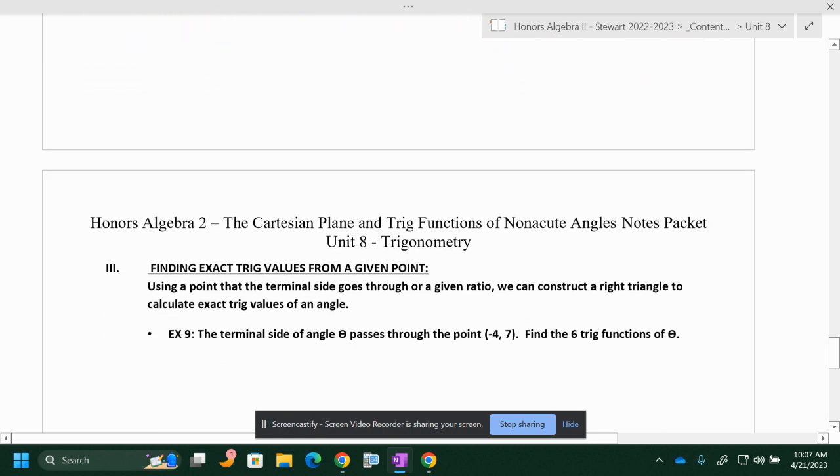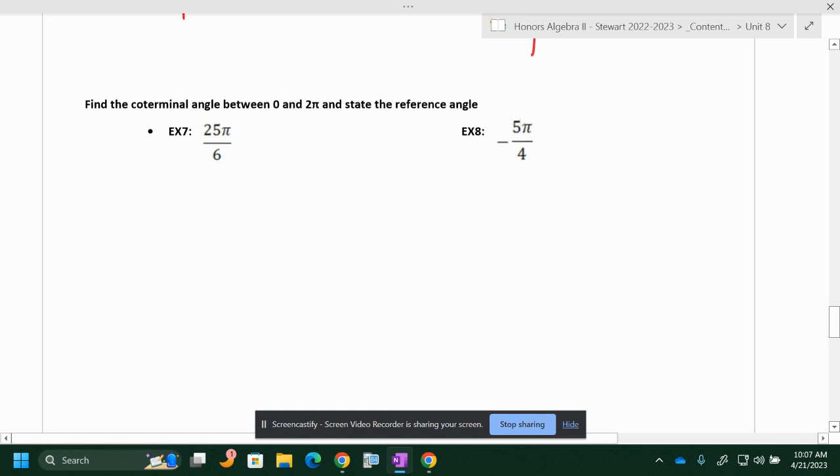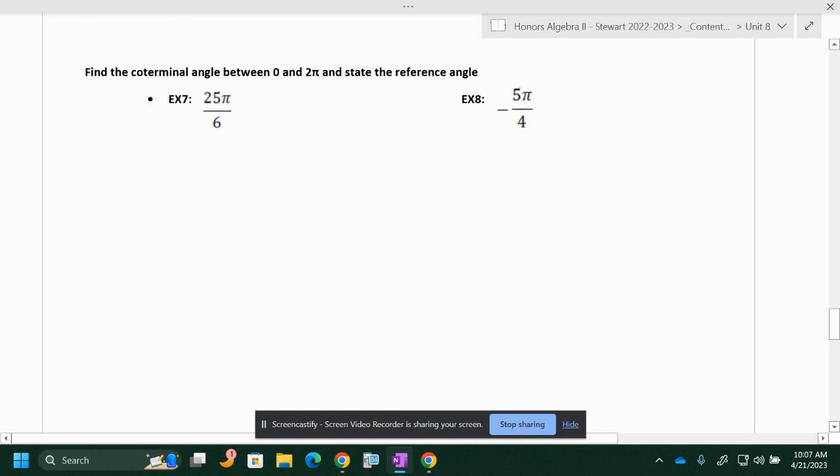And then for coterminal angles between 0 and 2 pi, in this case, for example 7, we can say that 2 pi is 12 pi over 6, just to help us along. So if I've got 25 pi over 6, I'm going to subtract 2 pi, which is 12 pi over 6. I end up with 13 pi over 6.